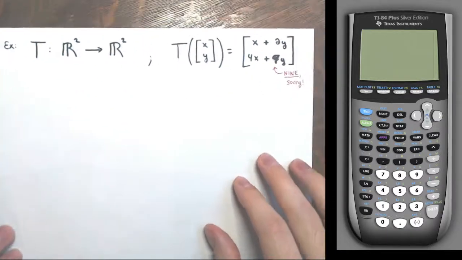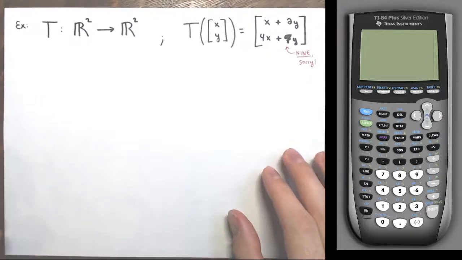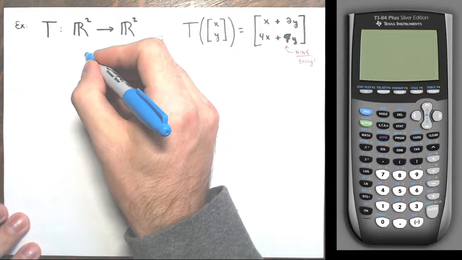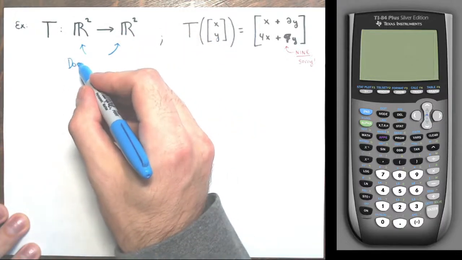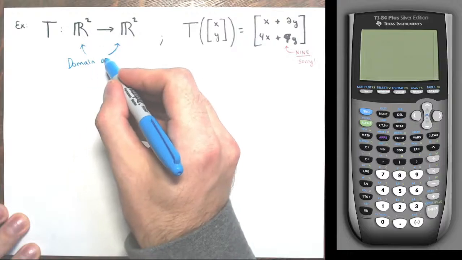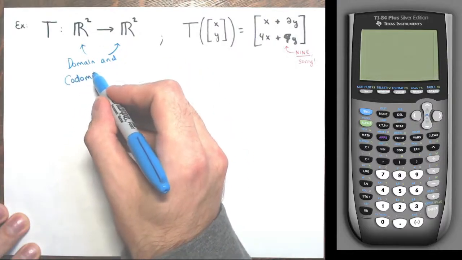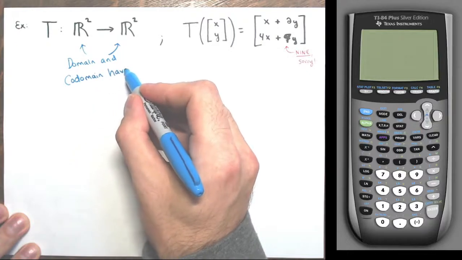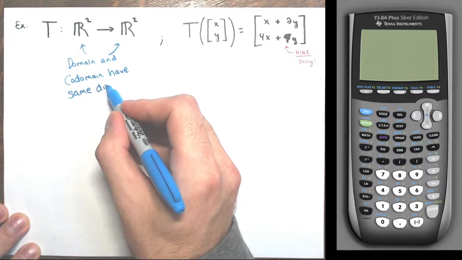Now for the rest of them, the domain and codomain have the same dimension, but you better check that. Both have a dimension of 2.